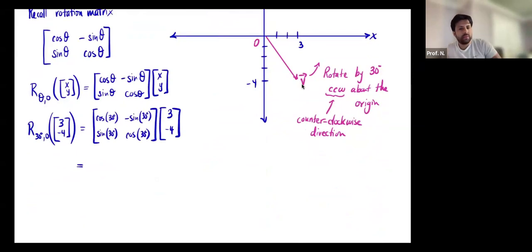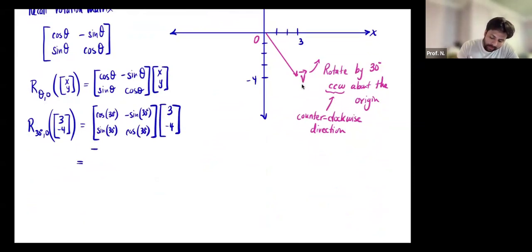These degrees should be known to you all. Cosine of 30 degrees is root 3 over 2. Sine of 30 is a half. This is negative a half. And this is root 3 over 2. And you're multiplying that by 3, 4.